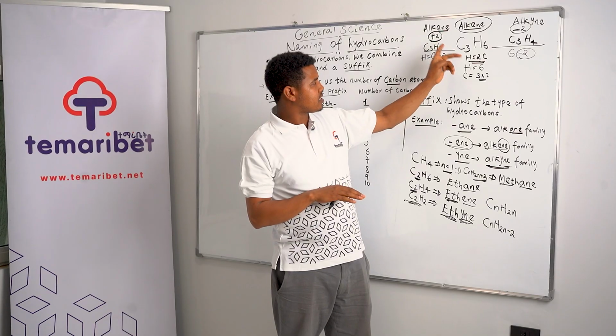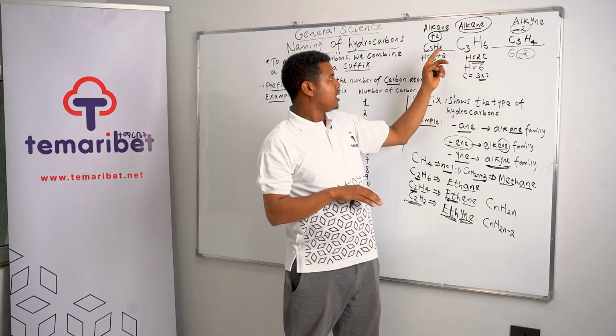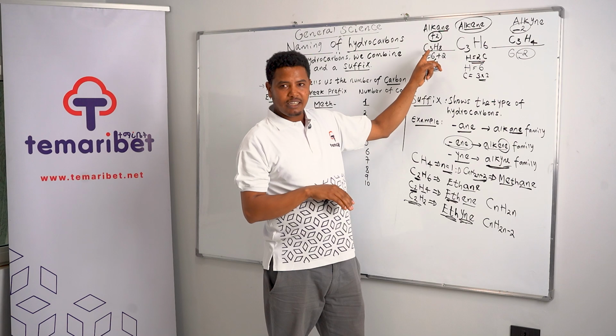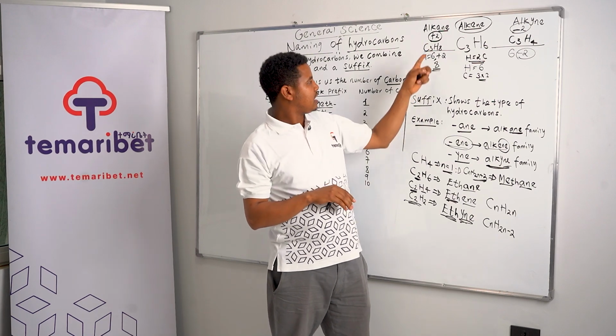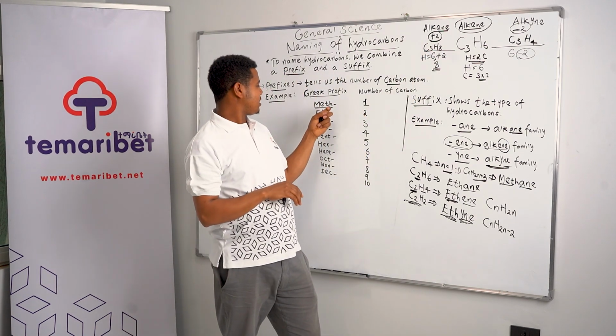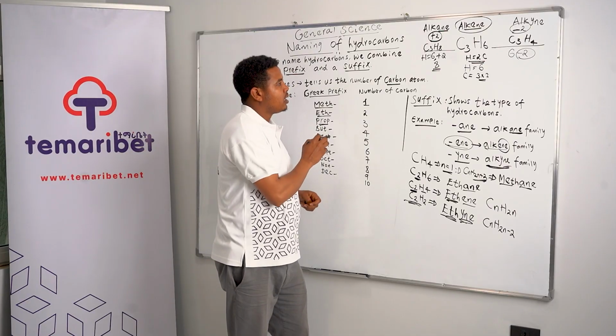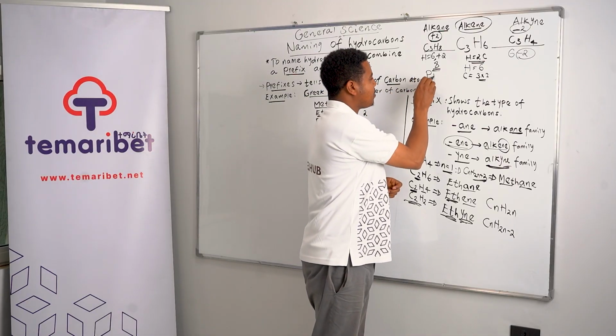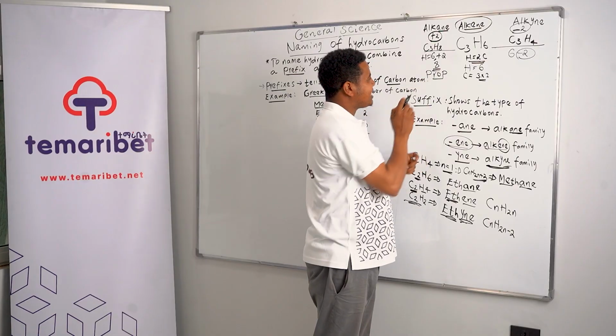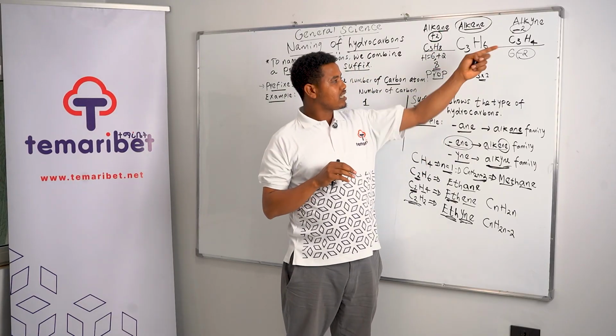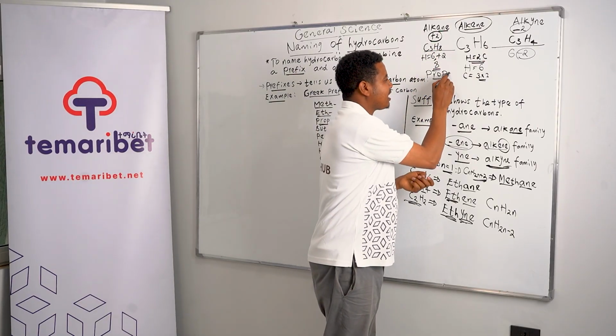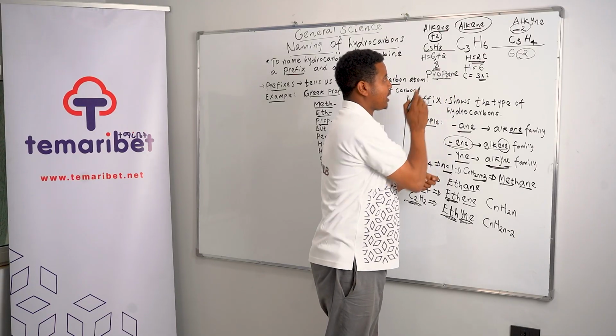So let's name these three compounds now. Here, the compound is given as C₃H₈, the number of carbon is 3, so that is "prop". The hydrogen atom count is greater than double, that means it is in the alkane family, so we call it propane.